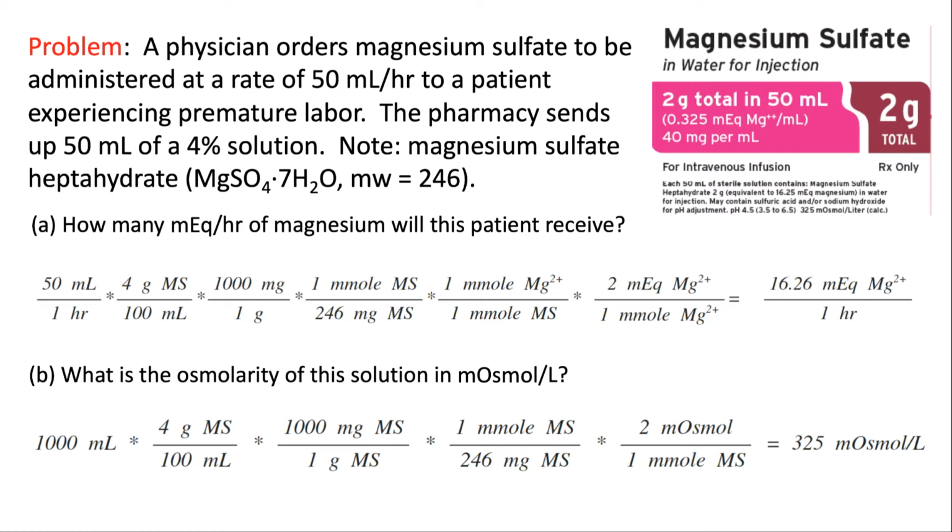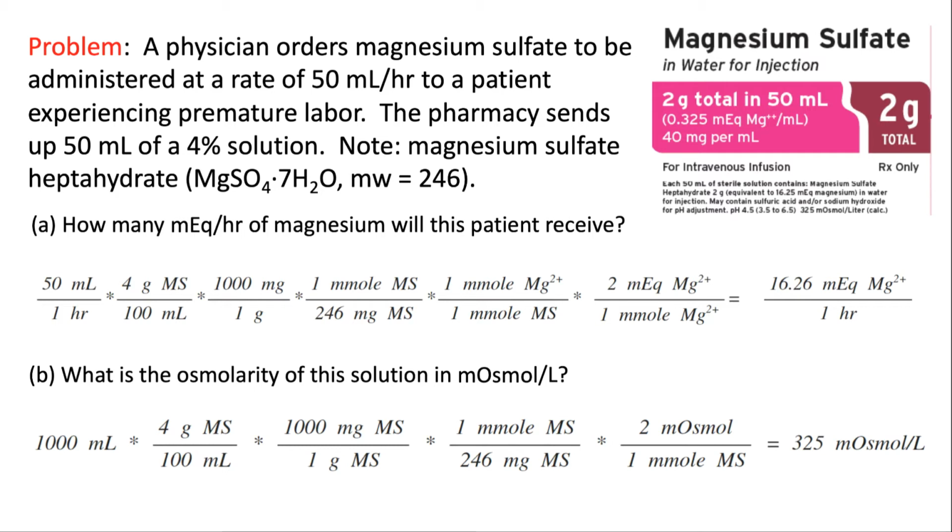Good. Which is kind of cool. Before we go on to the next question, look up above, where I've included the actual package labeling from a vial of magnesium sulfate. And if you look in the little print down below there, it says that each 50 milliliters of sterile solution contains magnesium sulfate heptahydrate, 2 grams, and in parentheses it says equivalent to 16.25 milliequivalents of magnesium.